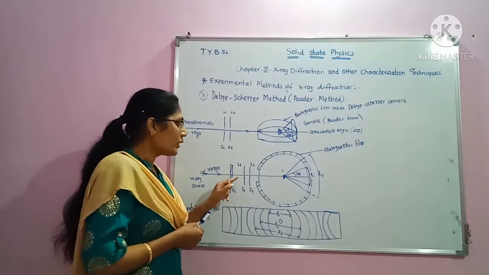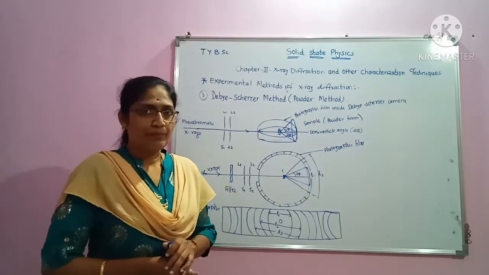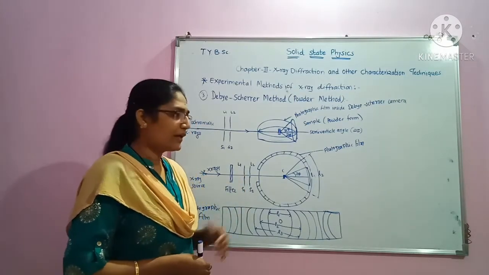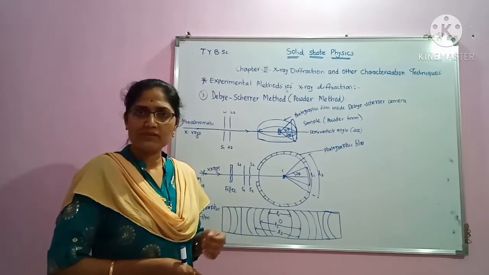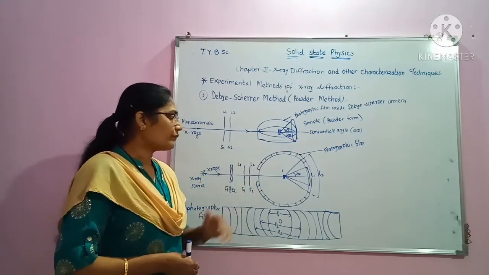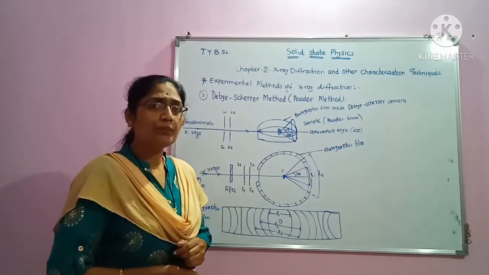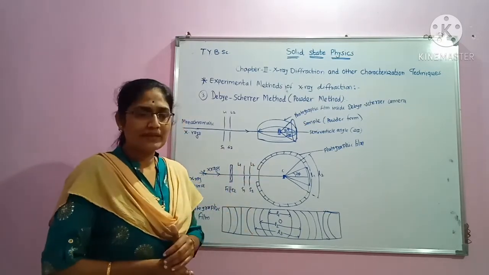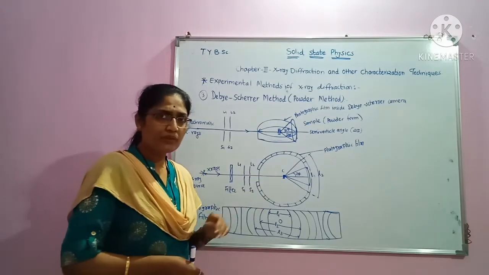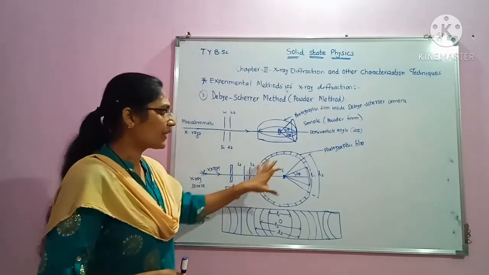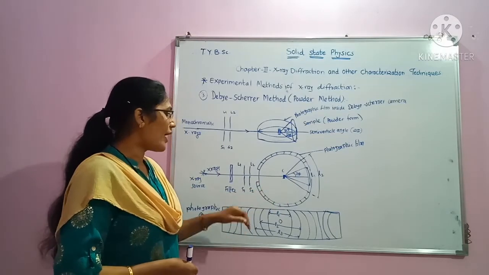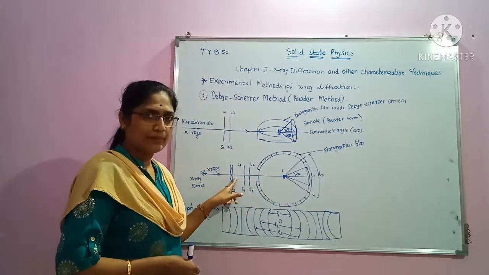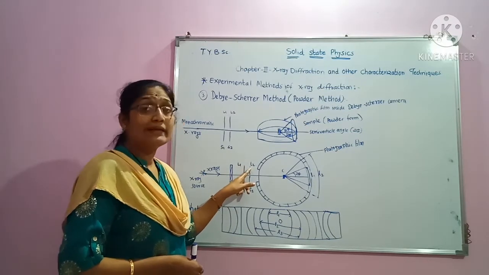After that, in order to make that beam fine, because we know that the energy of X-rays is tremendous and our requirement of X-ray is very small. If we use a thick or broad beam, then due to that excess energy there might be a heating problem. In order to avoid that, this monochromatic X-ray beam is allowed to pass through lead slits.